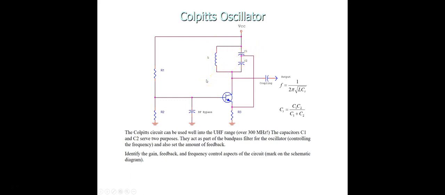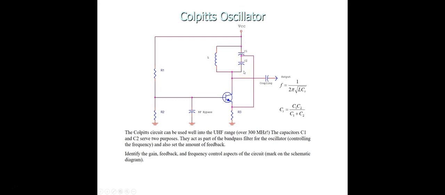Now you might wonder why two capacitors are used here in the circuit. The capacitors in this circuit have basically a dual purpose. First, they are a part of the resonant bandpass filter formed with this L, and secondly, they form a voltage divider that controls the amount of feedback.